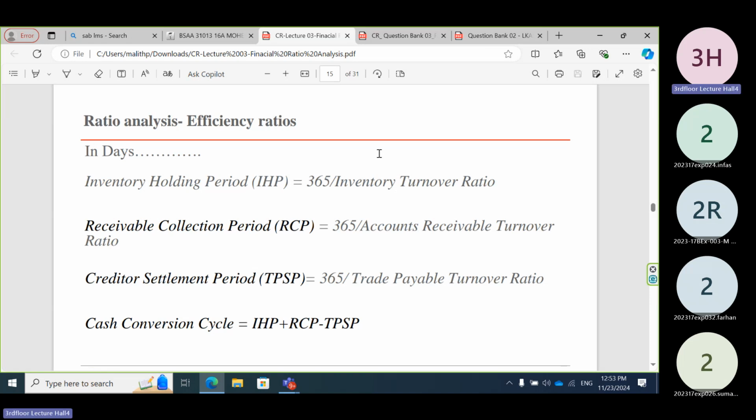In other words, receivable collection period is 365 days divided by 1. This is the recovery period.